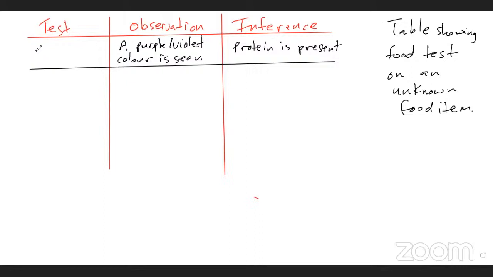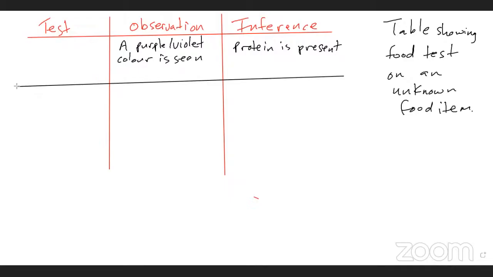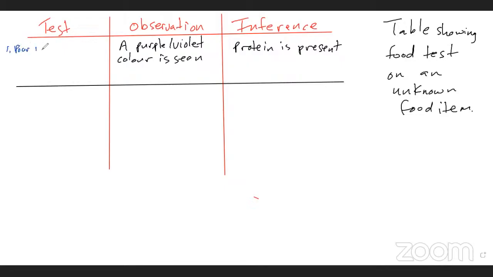What would have been my test? You add Biuret solution. So we use Biuret reagent. We pour 1 cm cube, assuming that we made a mixture out of it.